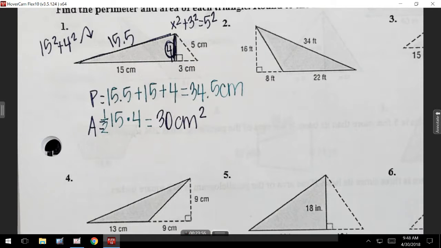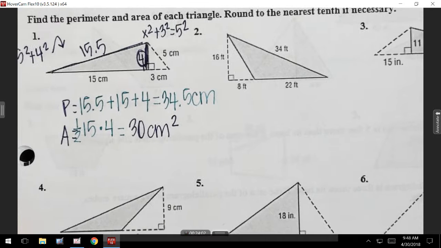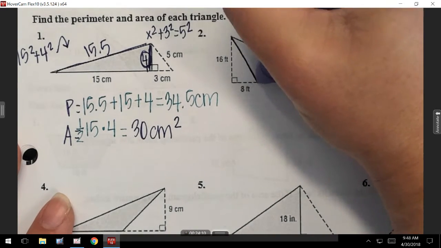Okay, try 2. How many pieces do we have missing in number 2? Just 1. Can I use Pythagorean theorem? Yes, to find this piece right here.